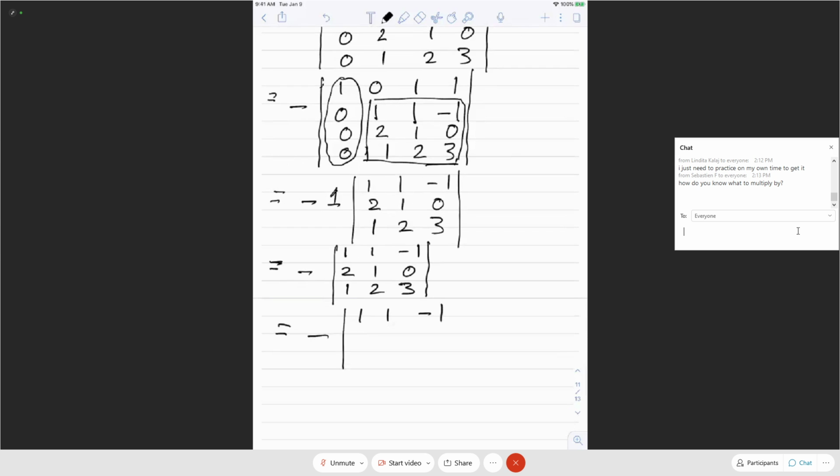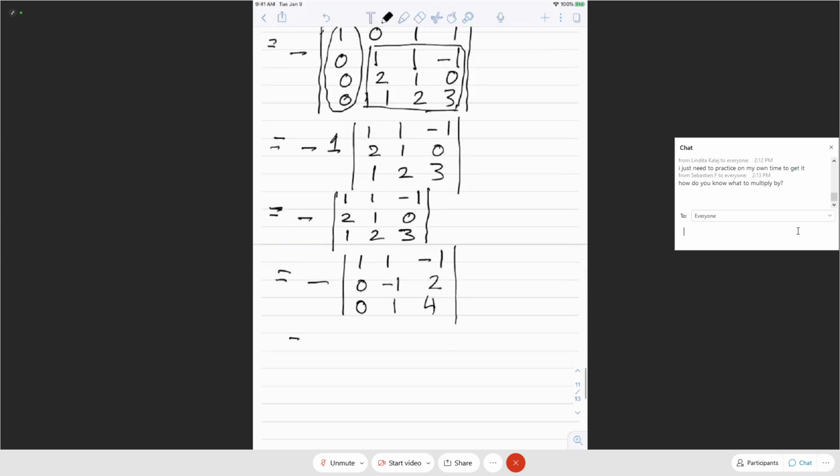Multiply the first row by -2, add it to the second row: -2 plus 1, -2, 2 plus 2. Multiply the first row by -1, add it to the third row: -1, 2, -1, 1, -1, 1 plus 3, 4. The game is over.